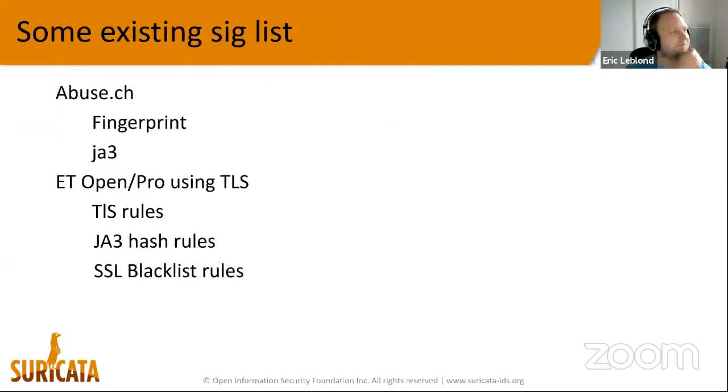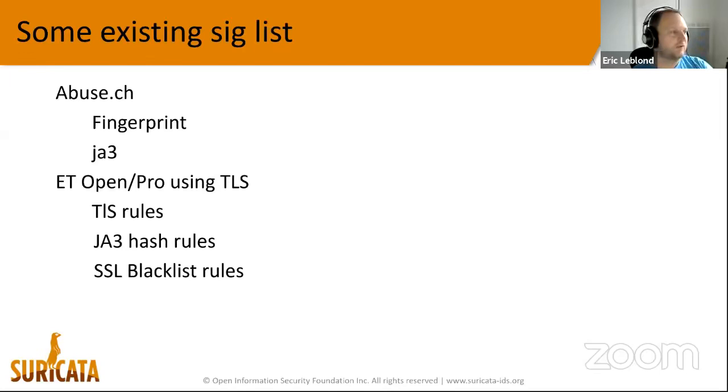Next, please. There are some existing signature lists that are available publicly. In some cases, you need to pay for them too, like ET Pro, and they contain really interesting usage of TLS. For instance, one interesting one is abuse.ch, which publishes fingerprints of known command and control servers from malware found on the web.